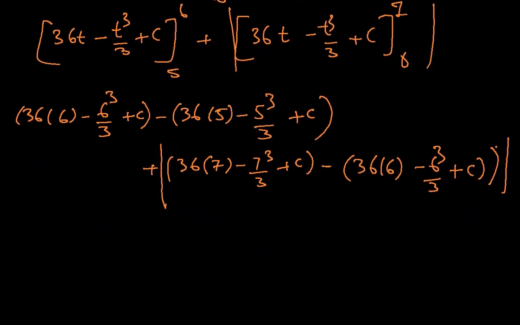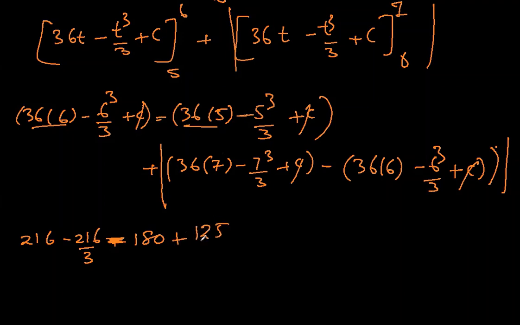Alright, now 36 times 6 is 216 minus 216 over 3. Let's cancel all the c's so that they don't confuse us. Minus, not plus, it will be minus. 36 times 5 is 180, and this minus will make it positive, 125 over 3.